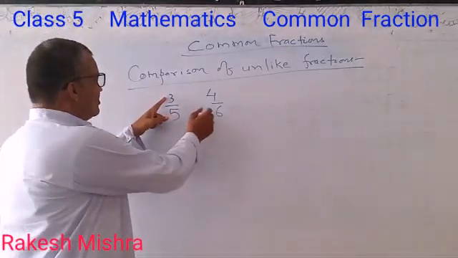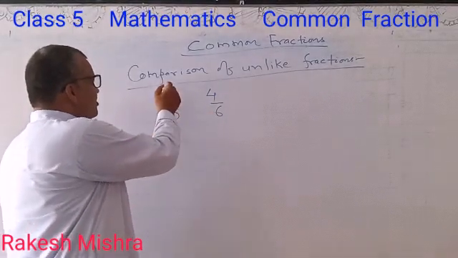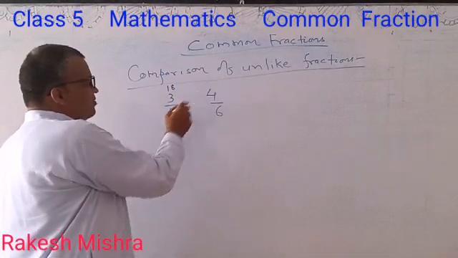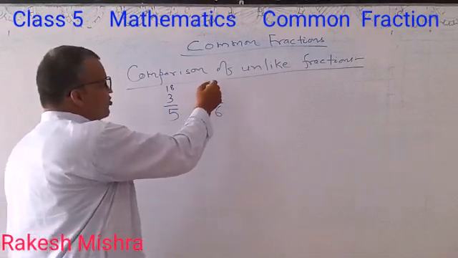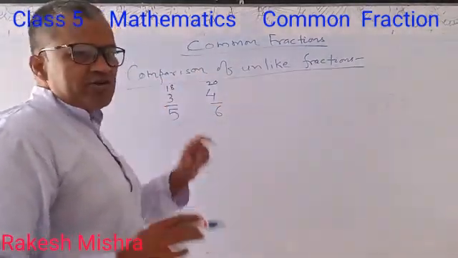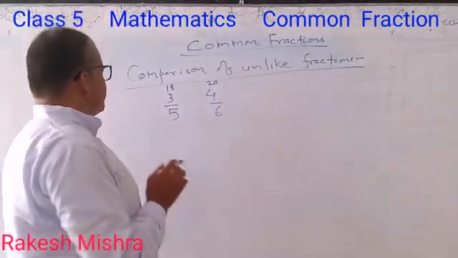What will we do? 6 multiplied with 3 will be 18. 5 4s are 20. It is not required to write here. You have to do it in your mind.